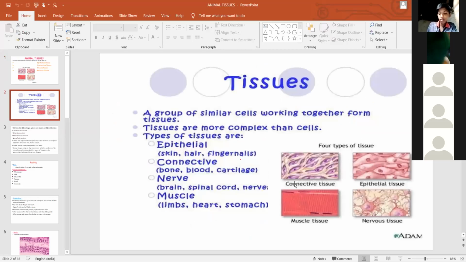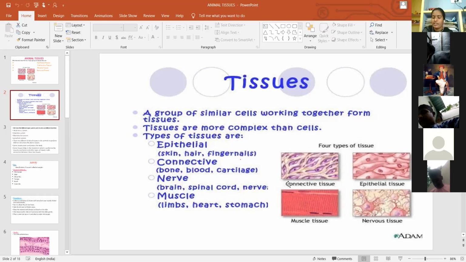Next one. First, what is a tissue? A tissue is a group of cells. As we all know, a tissue is more complex than a cell. The epithelial tissue is present in skin, hair, and fingernails.